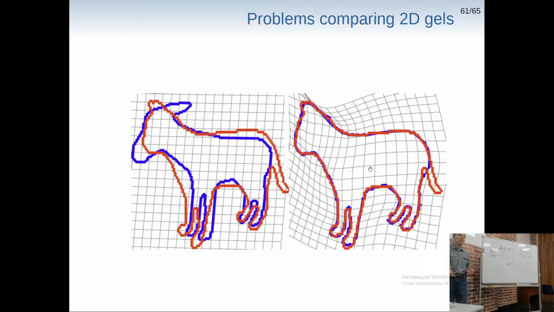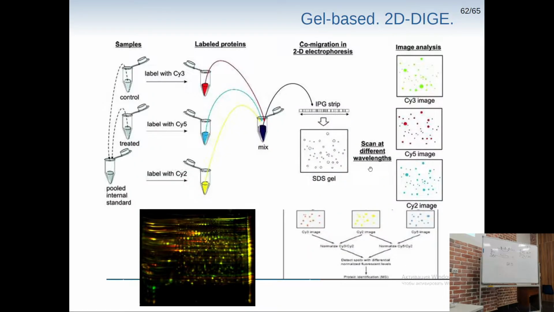It will change the characteristics of this protein and so on, right? Fortunately, there are such dyes which have the same isoelectric point, which have different excitation and emission wavelengths, but at the same time they have the same molecular weight, or almost the same.